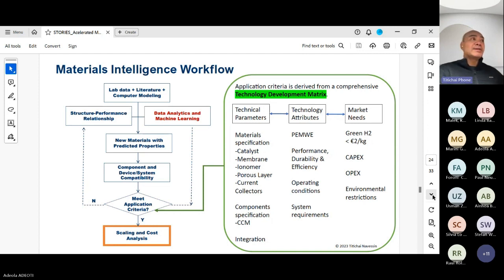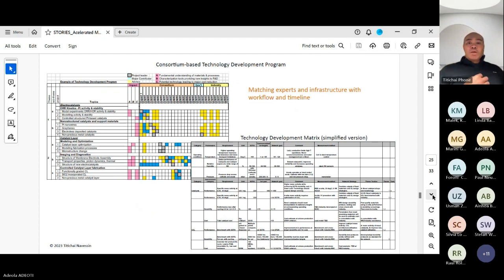If you go to the next slide, please. And so when you look at technology development as a whole, and you're trying to drive your material towards applications, then you're looking at a very complex interplay of the technical side, the technology attributes, the market piece, and now we're talking also about resources to get things done, right?